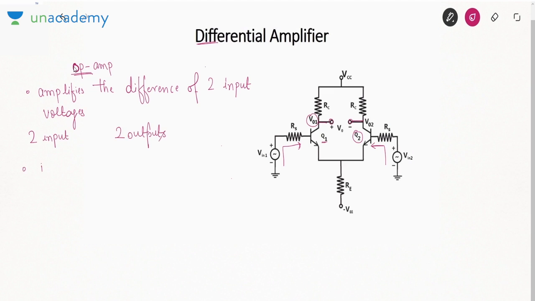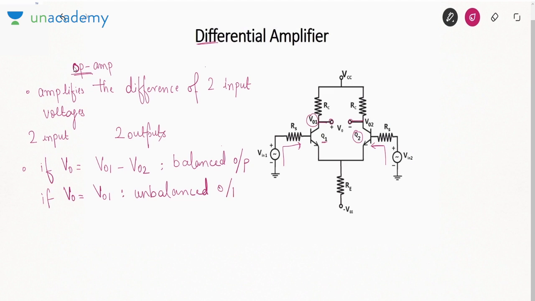Now, if V0 is taken as the difference of V01 and V02, it is called balanced output. That is, the output voltage is the difference of the two voltages. If V0 is just taken as V01, in a differential amplifier we call it unbalanced output.